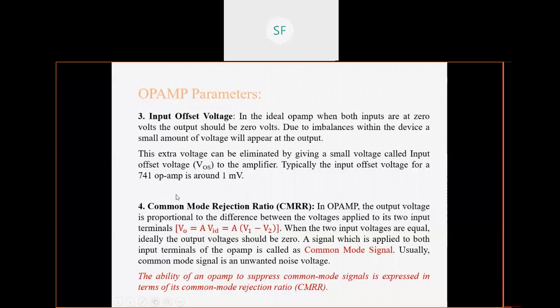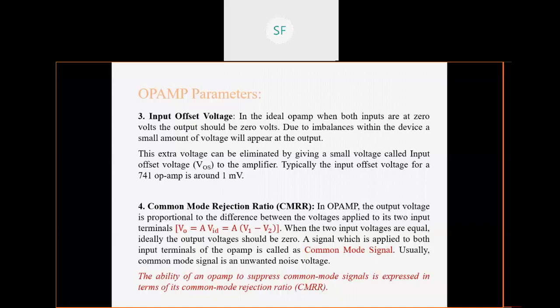The next parameter is common mode rejection ratio, also called CMRR. In an op amp, the output voltage is proportional to the difference between the voltages applied to its two input terminals. VO, the output voltage of the op amp, is the gain multiplied by the input differential voltage VID.